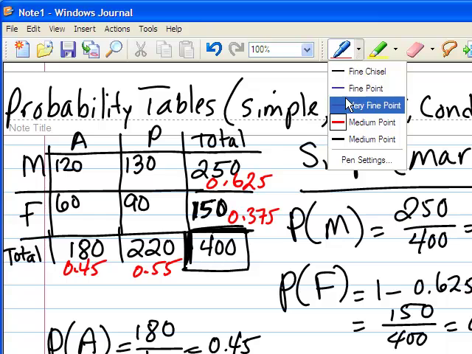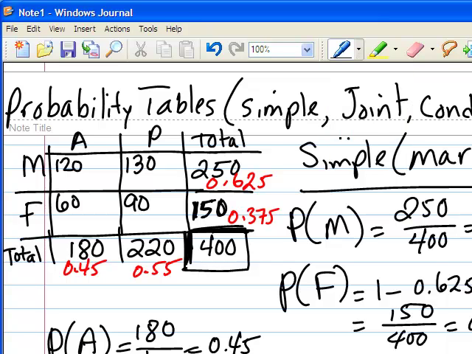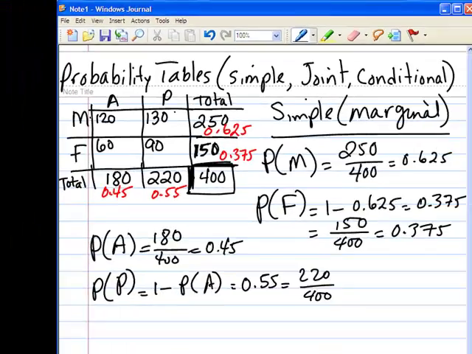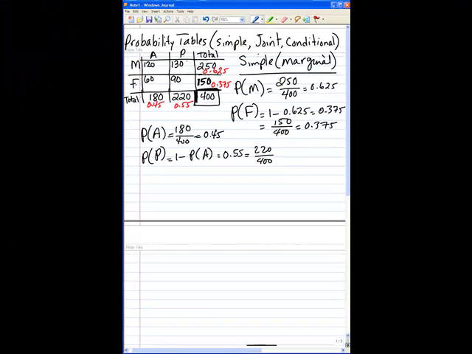Please keep in mind that we've already discussed complementary events. A and P are complementary to each other, and M and F are complementary to each other. We can also discuss mutually exclusive. If you're a female, then you cannot be part of the male group, and vice versa. So female and male are complementary to each other.